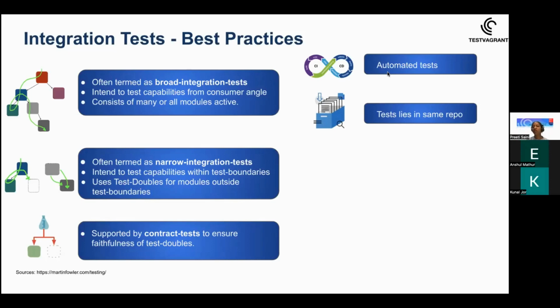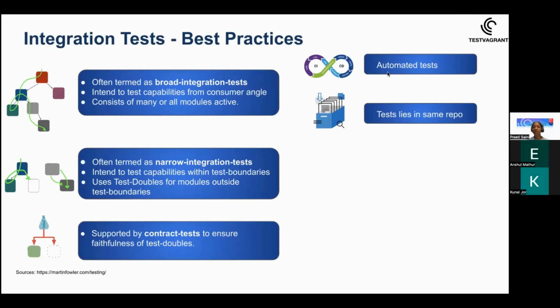For example, if you're using Spring Boot, Spring Boot has very good support with the Spring Boot test annotation, where you can spin up the entire microservice from your test and verify whether it's working as expected or not. But what it requires is that your integration test also lies in the same repo, and you can run these tests there. So that's an additional advantage that you get while keeping your tests within the same repo.